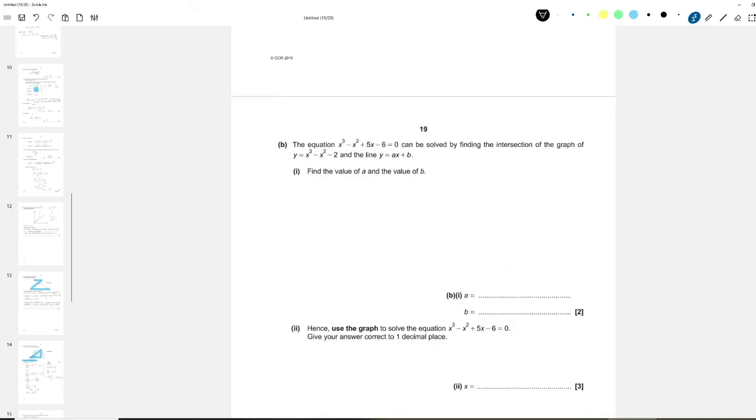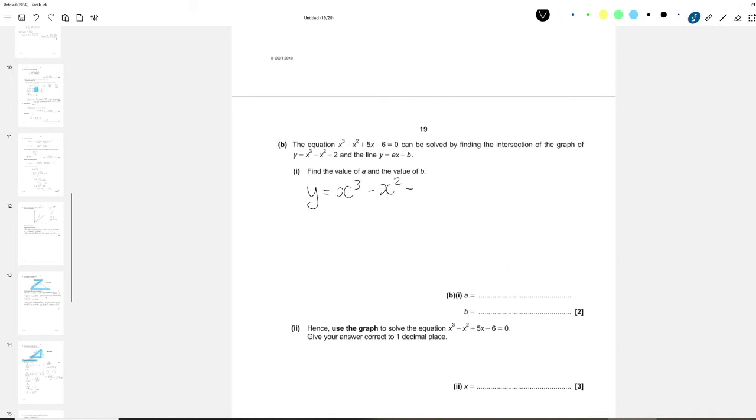Now question B. The equation x cubed minus x squared plus 5x minus 6 equals 0 can be solved by finding the intersection of the graph of y equals x cubed minus x squared minus 2 and the line y equals ax plus b. Find the value of a and the value of b. Normally when trying to find the intersection of a graph, I would have 2 simultaneous equations to solve.